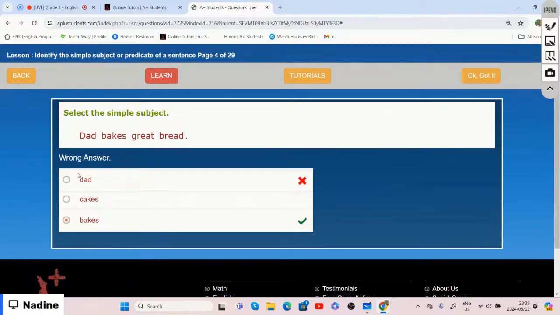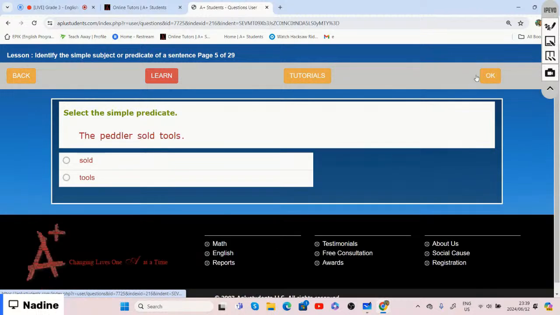But dad is correct. Leave it just so, because the subject is dad, and bakes is the predicate. Bakes is the verb that tells us what dad is doing. So just leave it as dad, right?